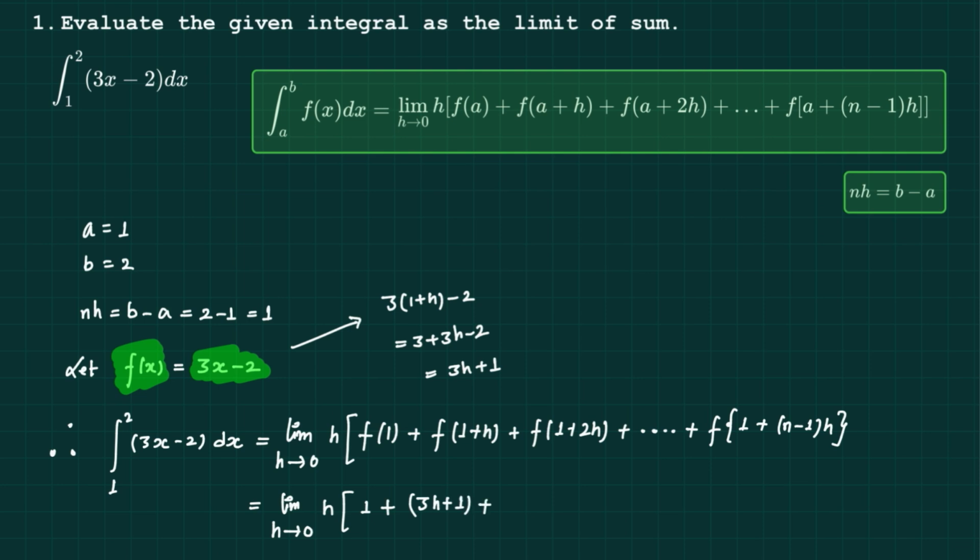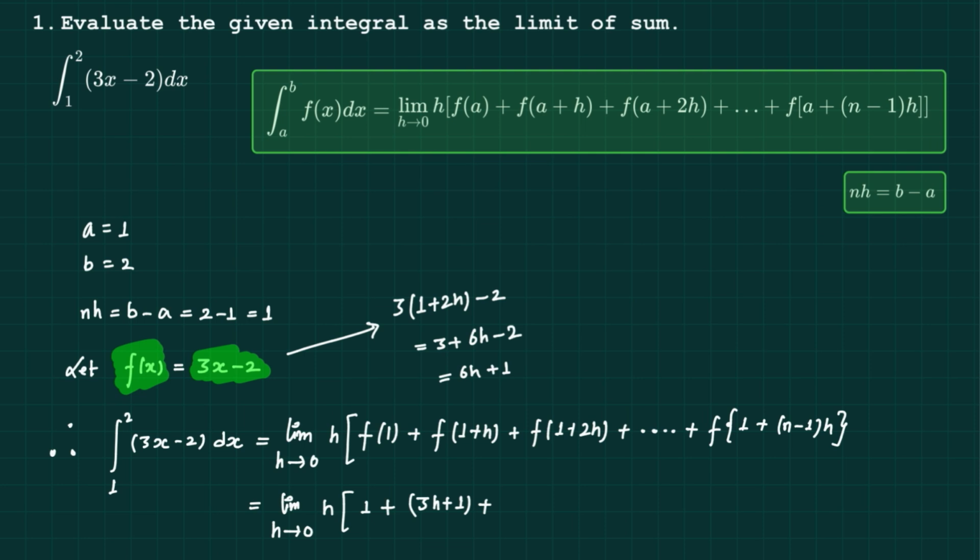Plus f of 1 plus 2h, similarly, will be 3 into 1 plus 2h minus 2, which will give 3 plus 6h minus 2. So it equals 6h plus 1.